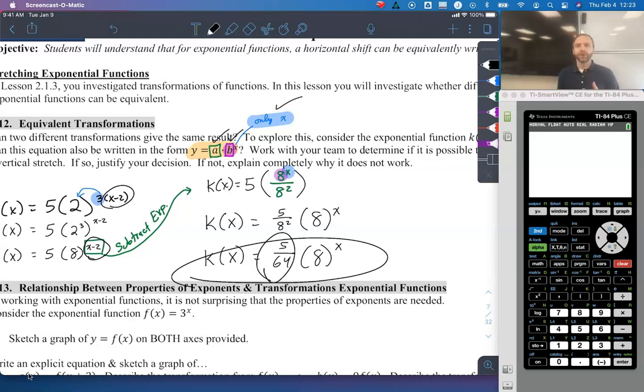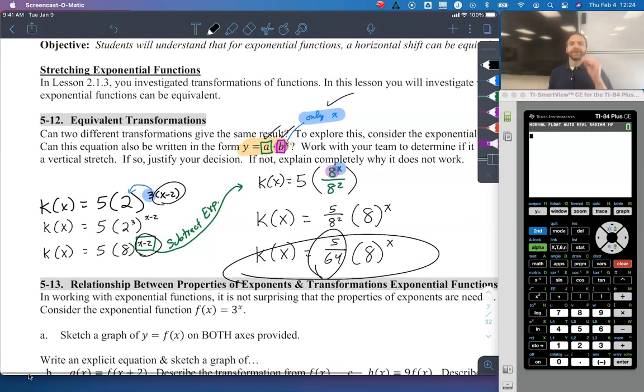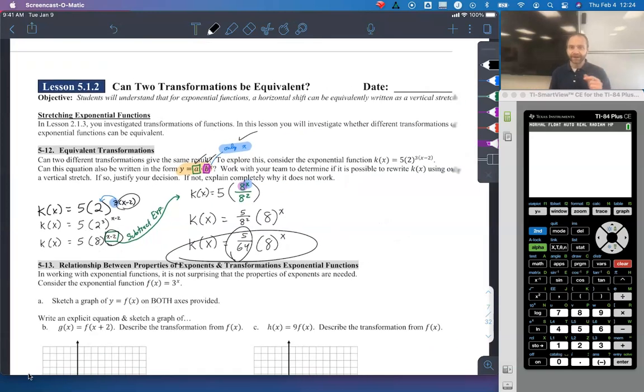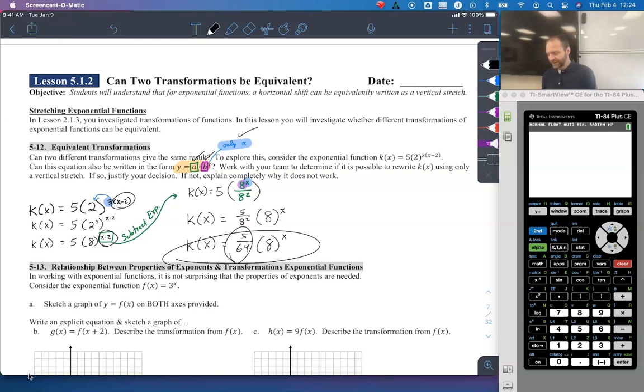And that's the whole idea of this lesson: can we represent two different transformations and have the same result from them? So can I represent them the same even though they're two different transformations? And the key here, you saw me write this down, is you're subtracting exponents, so we had to divide like bases.